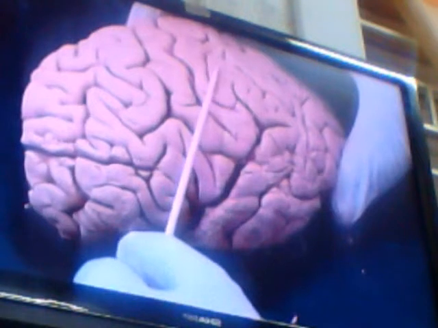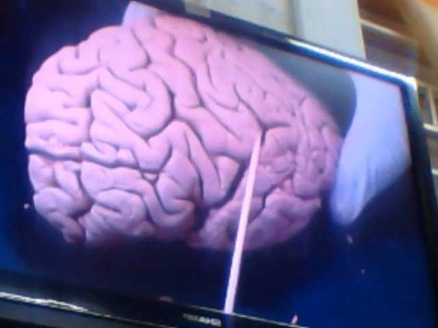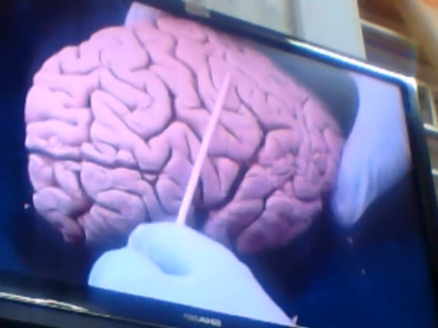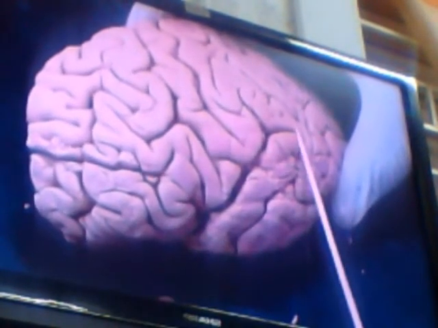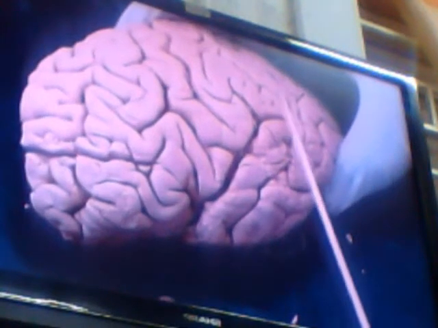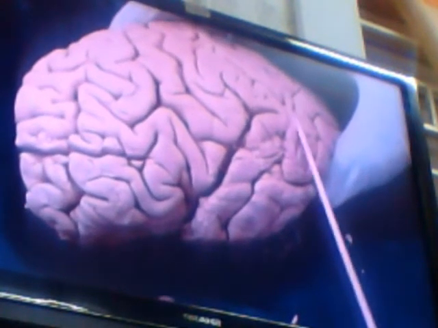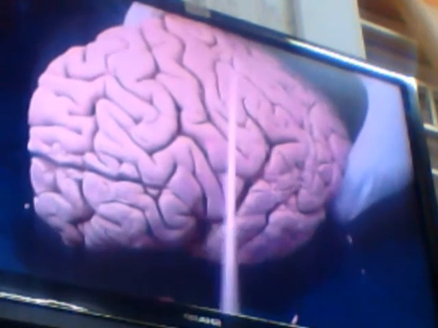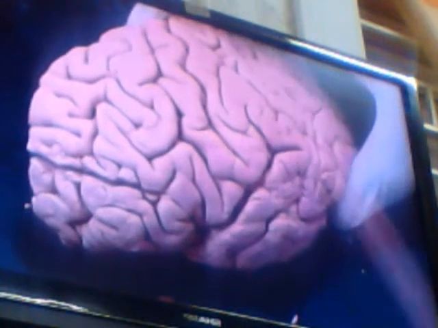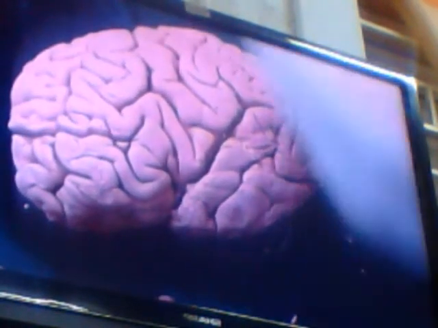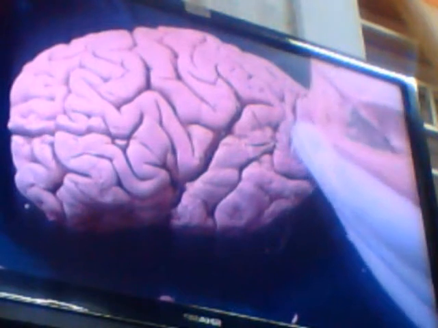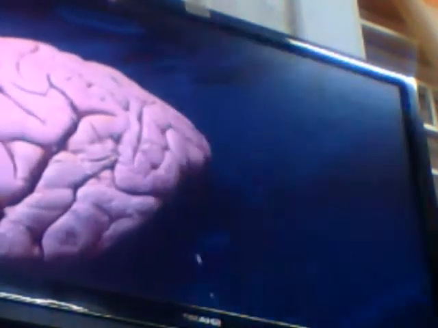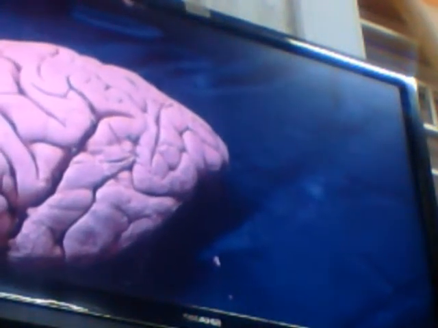So you can go up top here or you can go down here. If you go up top here, then you get to the supramarginal gyrus, and if you come down here, you get close to the angular. Right. So these are kind of more related to the lateral section. Supraangular is going to be almost near to the parietal tubercle, where your parietal bone is widest at the middle.